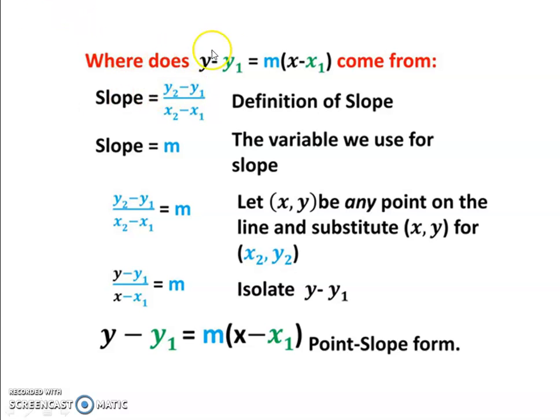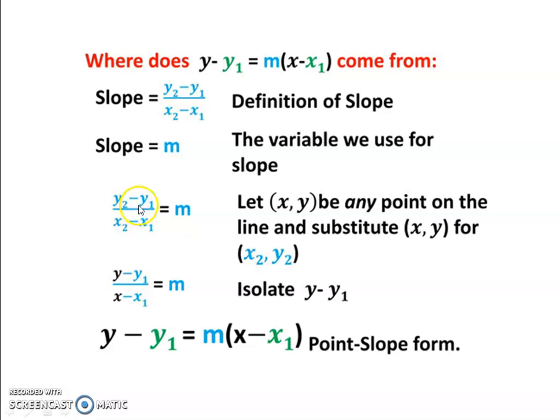So how do we derive y minus y1 is equal to m times x minus x1, the equation of line in point slope form? It is easy. We have the definition of slope, y2 minus y1 upon x2 minus x1, and we consider the slope m as the variable we use for the slope.